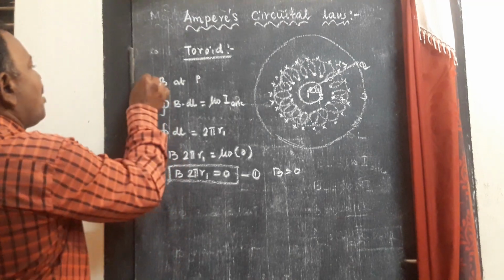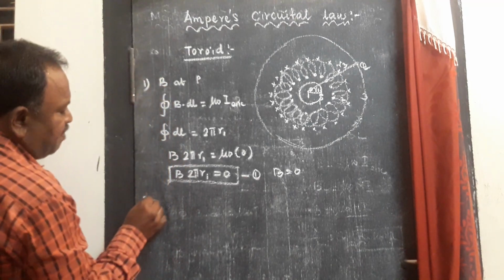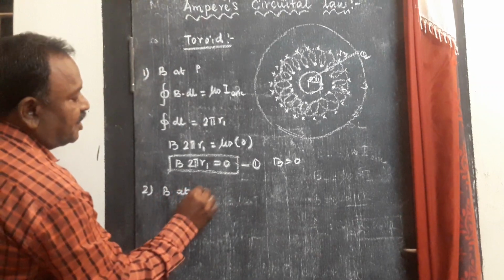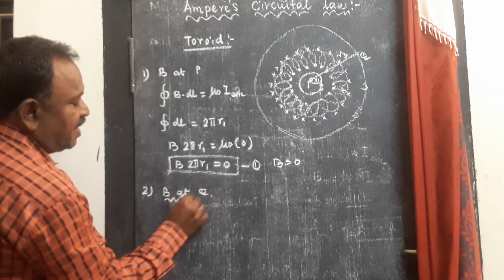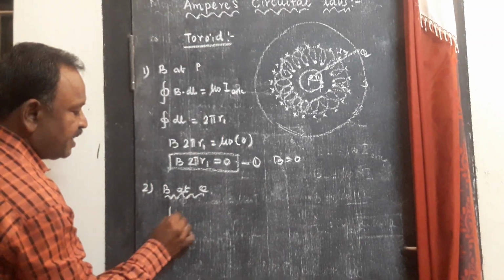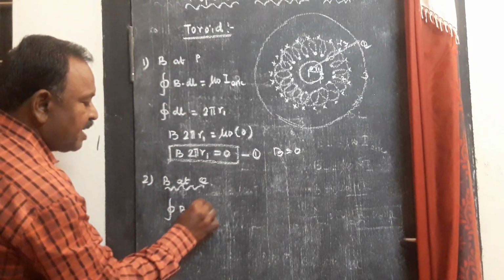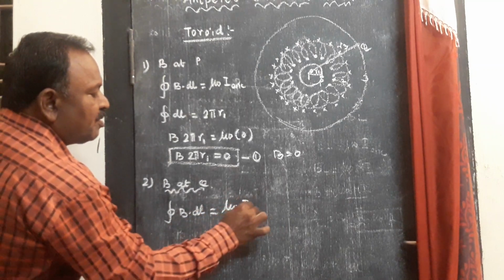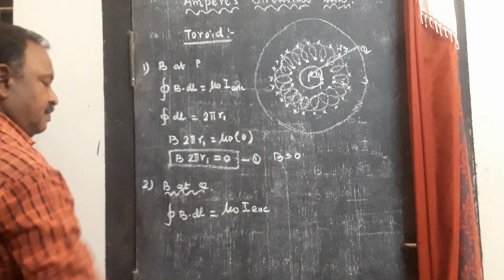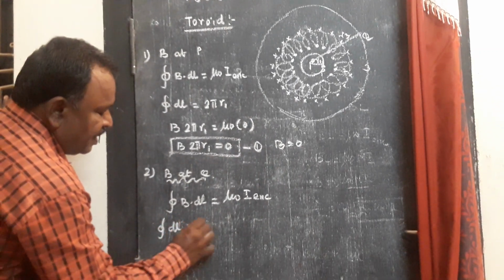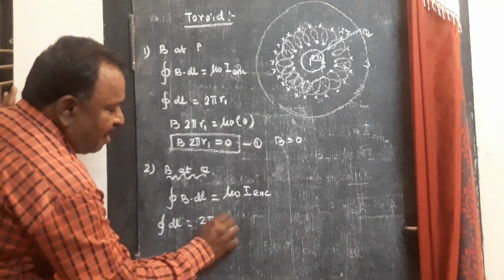I am going to apply Ampere's circuital law to find the magnetic field at Q. So closed integral B dot dl is equal to mu naught into I enclosed. Again, closed integral dl is equal to 2 pi R3.